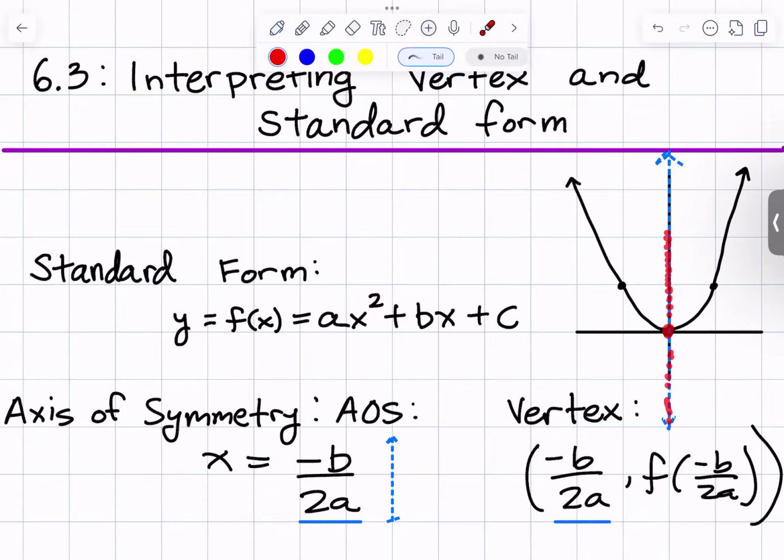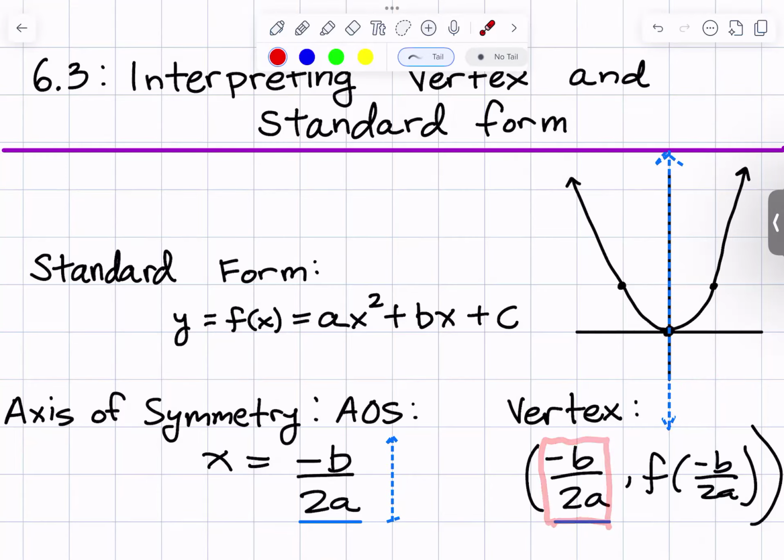In our parent function, it's 0, 0, and your axis of symmetry is x equals 0, okay? So your x coordinate will always be equal to the axis of symmetry equation, okay? So again, wherever this moves, your vertex will also move with it. So that's why the x coordinate of your vertex is negative b over 2a. Okay? So once you find your axis of symmetry, you also found the x coordinate of your vertex.